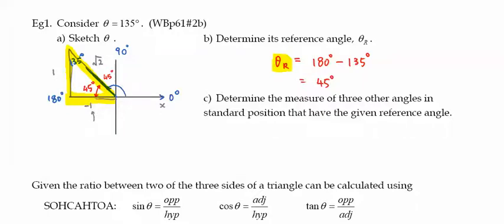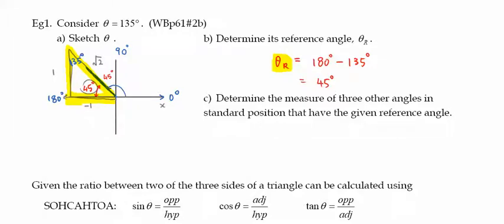The line that points to the left-hand side will now give us a negative value, which means the ratio for your cosine and your tangent will now be negative, because your adjacent side for this triangle will now give us a negative length. But we're going to spend more time on this later in lesson 2.2.